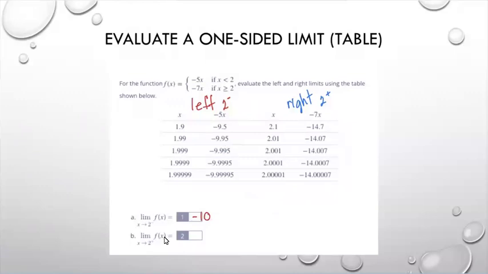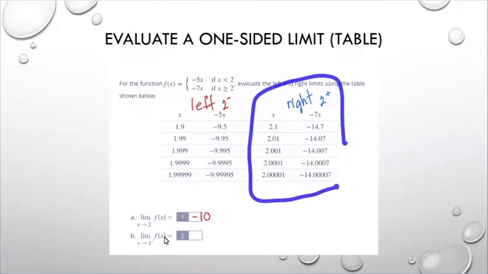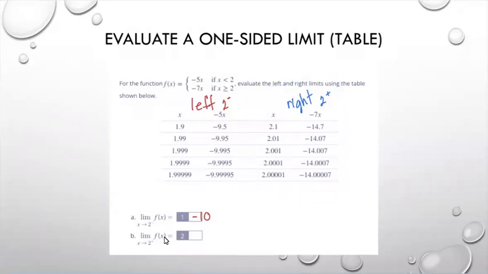If we go now to the right, when x is approaching 2 from the right, again, we start at -14.7 when x equals 2.1. We're going to make the x value smaller because we're approaching 2. And we just need to observe what is going on with this number.